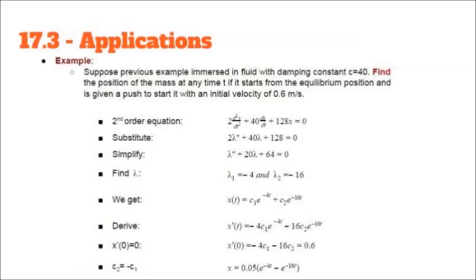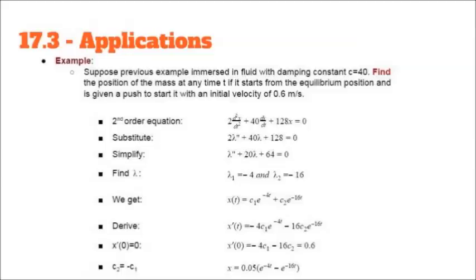Suppose in the previous example, the mass is immersed in fluid with a damping constant c equal to 40. Find the position of the mass at time t, if it starts from the equilibrium position and is given a push with an initial velocity of 0.6 meters per second.